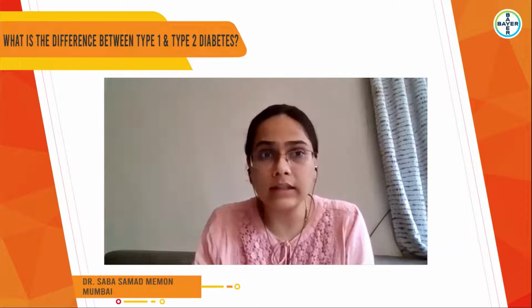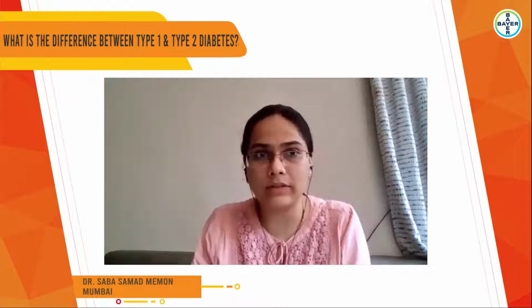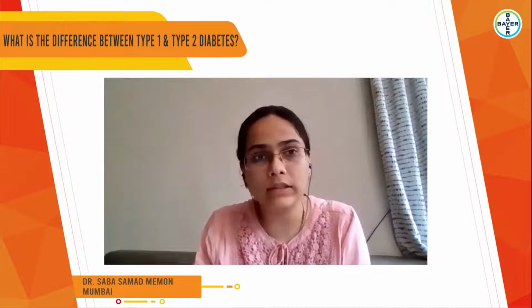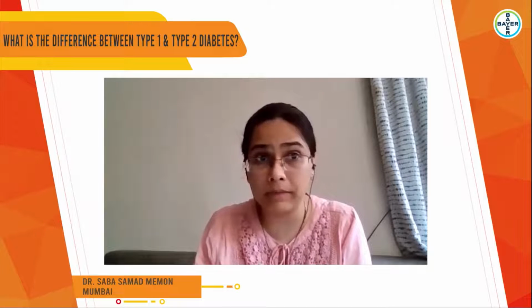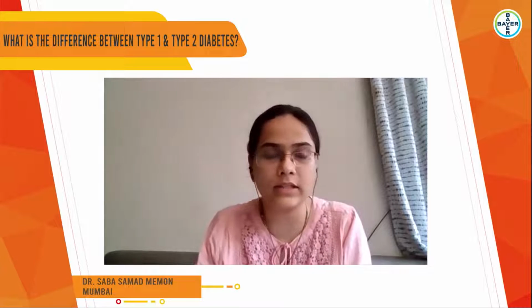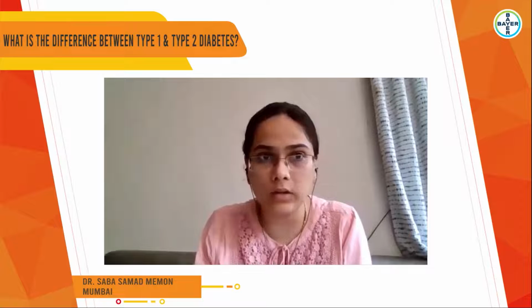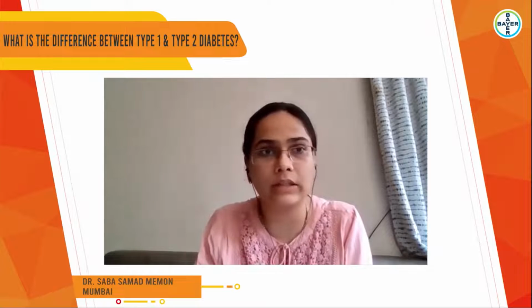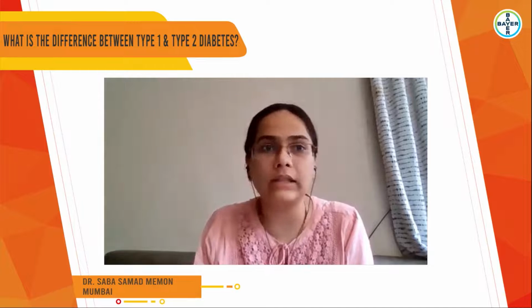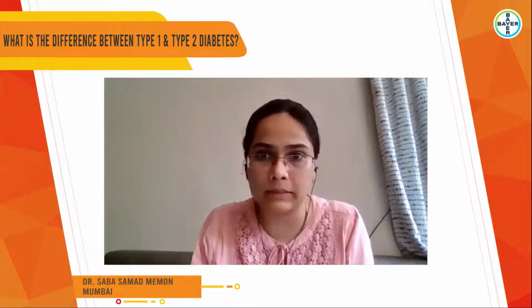So, having understood the basic difference between type 1 and type 2 diabetes, let us understand how this difference in the mechanism of diabetes translates into a clinical difference. How, on looking at a patient, can we decide whether this patient is insulin dependent type 1 or insulin resistant type 2 diabetes?